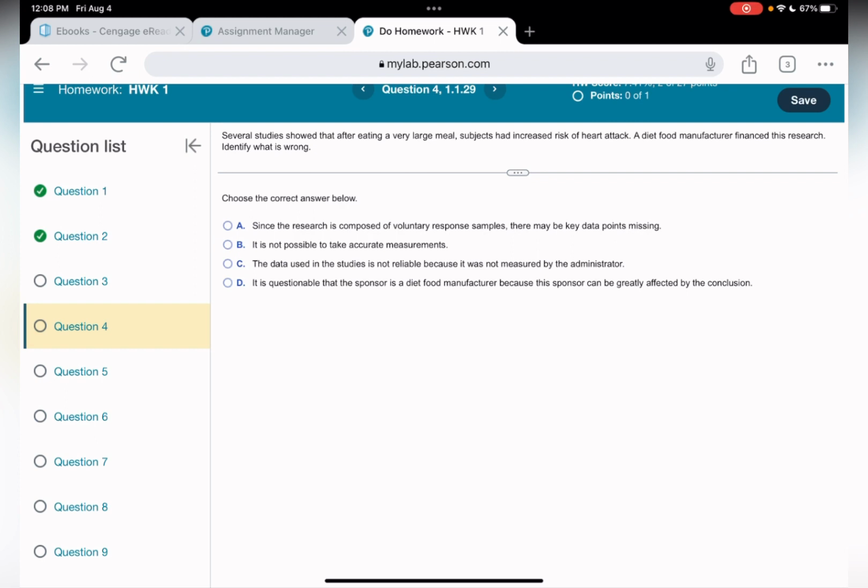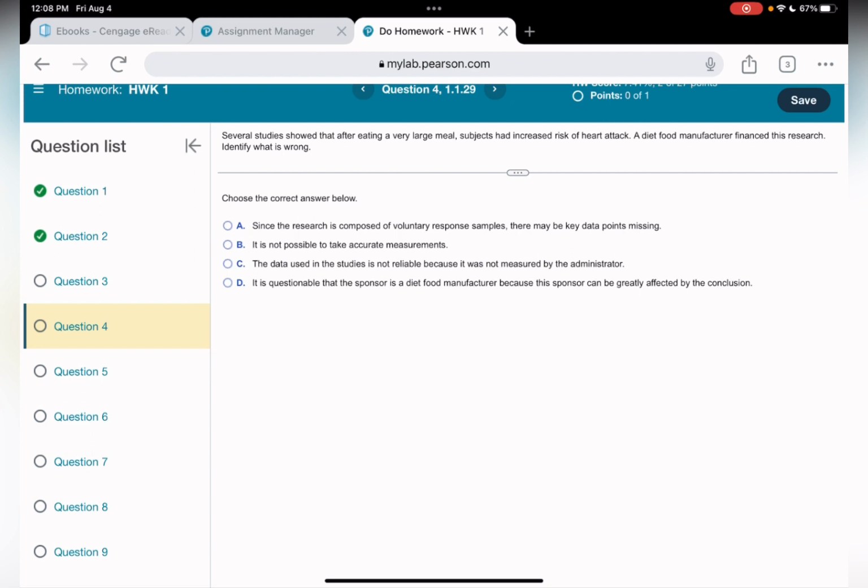Okay. Since the research is composed of voluntary response samples, there may be key data points missing. But we don't see it's a voluntary response sample. We don't see that it was voluntary, right? So it's a very tiny chance that could be the answer. Let's read next.